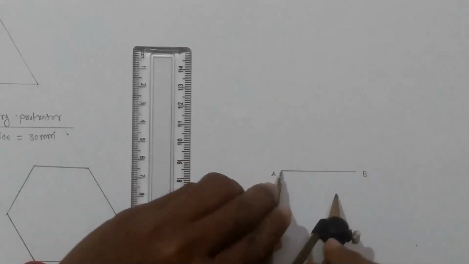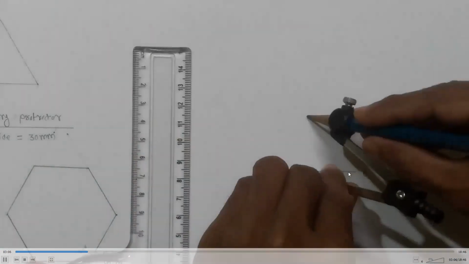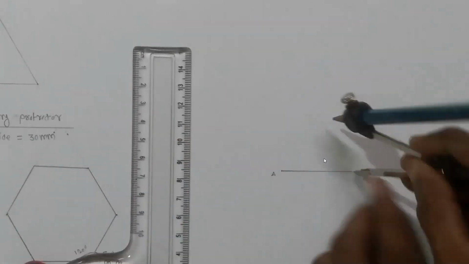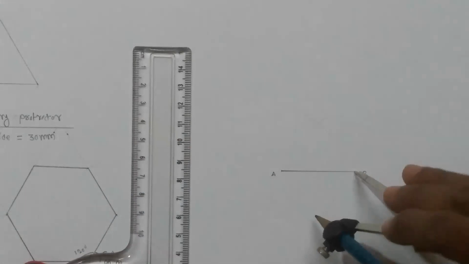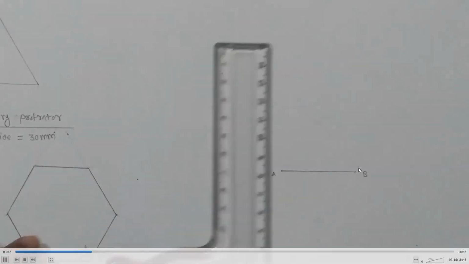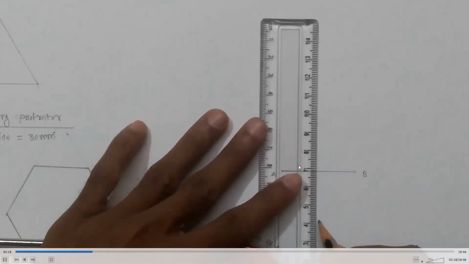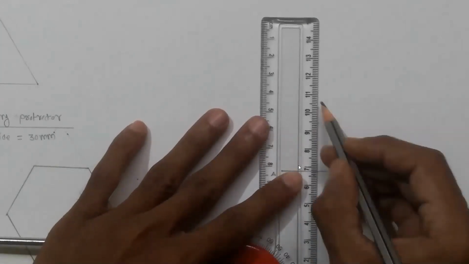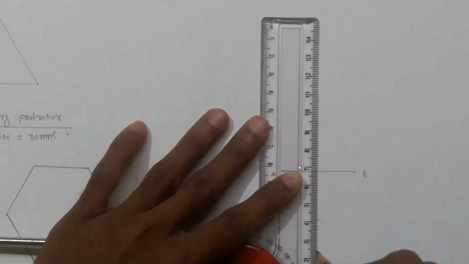Then first step is divide this line AB, that is the side of that polygon. That means bisect this side. So you can use the arc method to bisect the side AB, and draw this bisecting line.